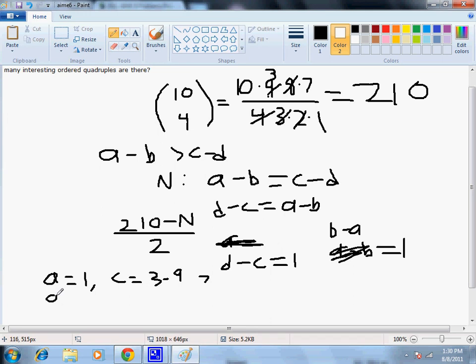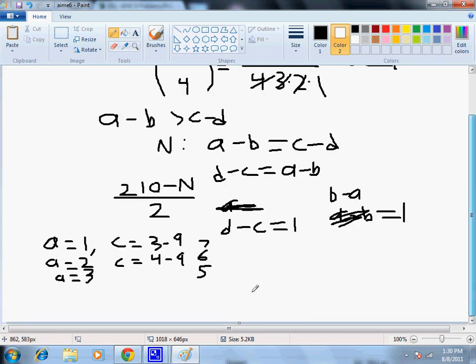If A equals 2, then by a similar argument, C can be anywhere from 4 to 9, so that's 6 numbers. If A equals 3, there are 5 numbers, etc. If you continue this, you basically add the numbers from 1 to 7, and you get 28.